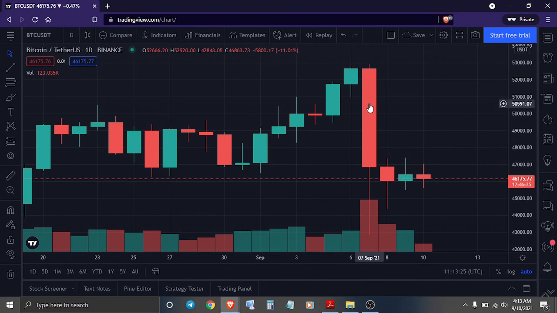It went down further, and for some reason it went up again, trying to form a bullish candle, but it couldn't go further because of some selling pressure at the $52,000 price, and it went down to this point.